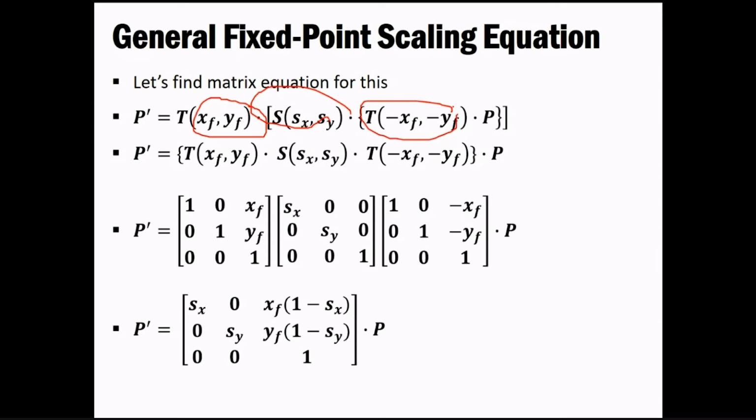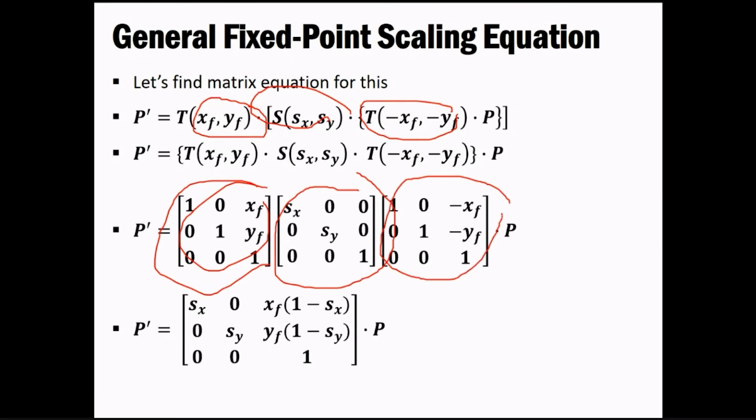Over here the translation matrix is the very first thing that we need to take, then the scaling matrix as we have seen in the previous slides, and then the inverse translation matrix. Multiplying each of them with each other, you'd be getting this generalized equation.